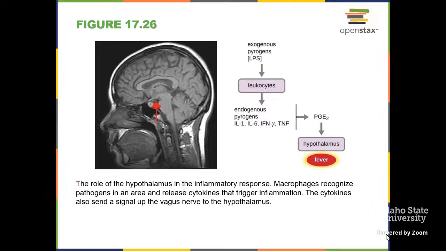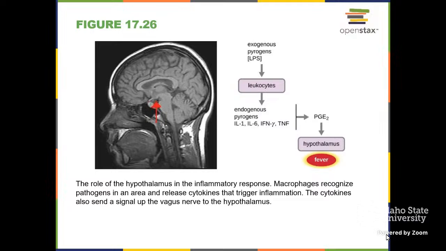There are handfuls of things that may stimulate this mechanism to increase our temperature. The hypothalamus is like our body's thermostat that allows us to regulate our temperature. So there can be some exogenous pyrogens. A pyrogen is a fever inducer, all right? Pyro, like fire, right? So some sort of stimulus, like lipopolysaccharide, the outer membrane of a gram-negative bacteria, is pretty good at stimulating this, all right?